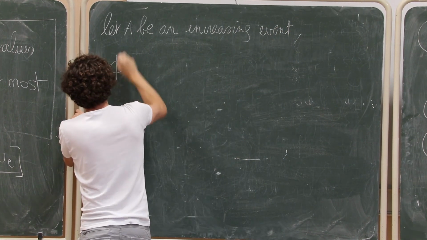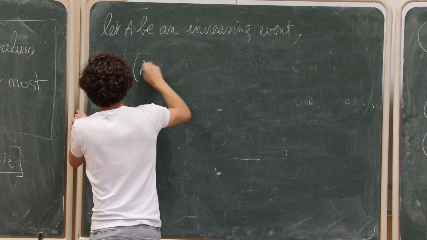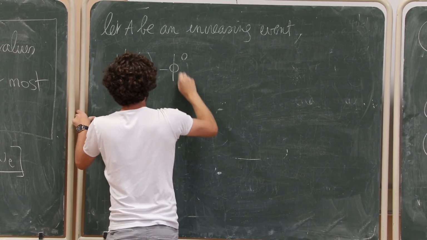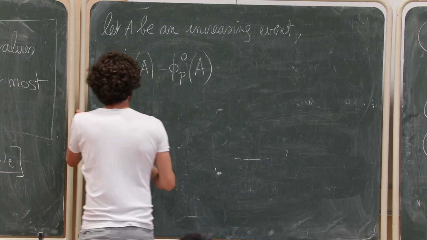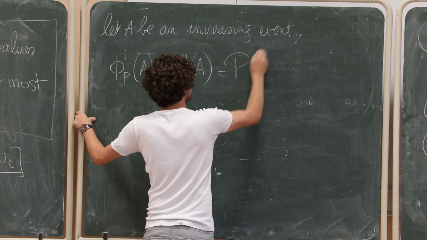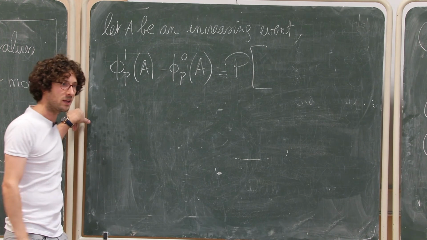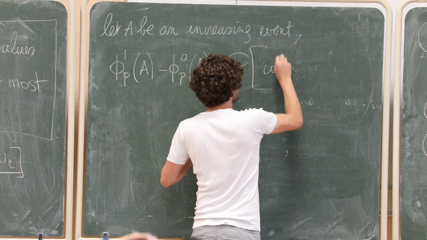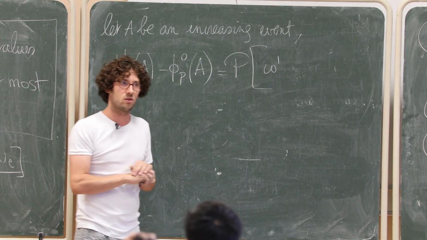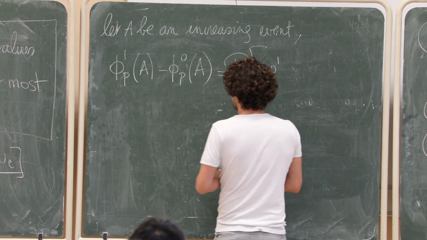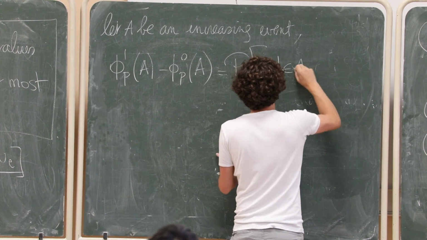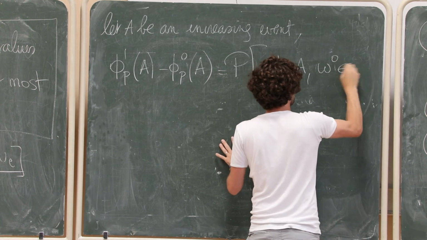And let's look at phi 1 p of A minus phi 0 p of A. This is the probability in my increasing coupling, that's the marginal, that omega 1 is in A, but omega 0 is not in A.